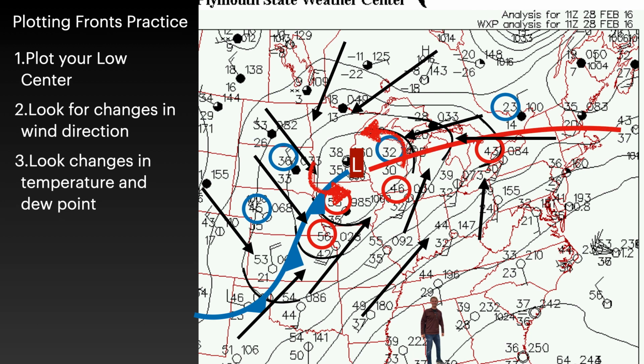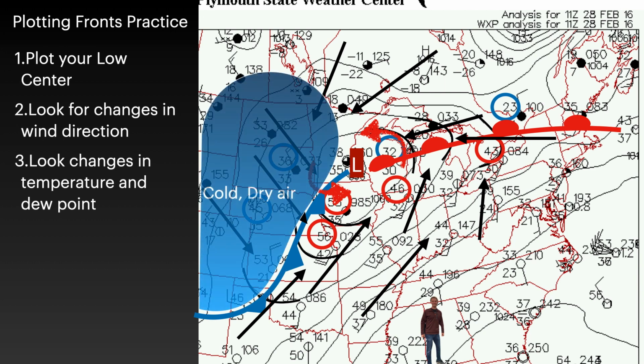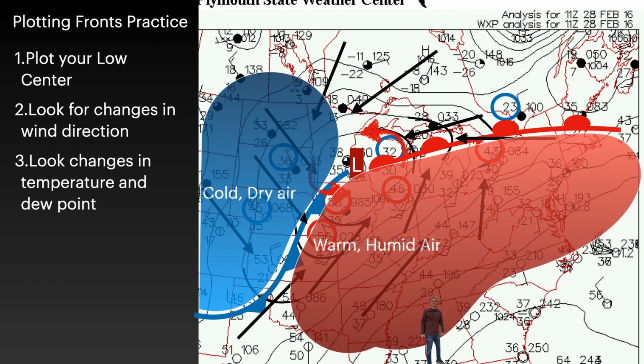I'll plot my warm front here, and again, my half circles tell me that this particular warm front is moving upwards on the page or to the north. Now notice that that cold front and warm front are drawn to separate the different colored circles we drew around those station models, because that represents that area of colder, dry air and that area of warmer, humid air.